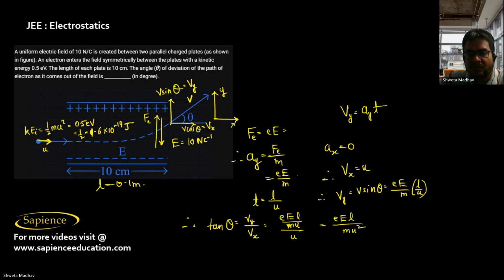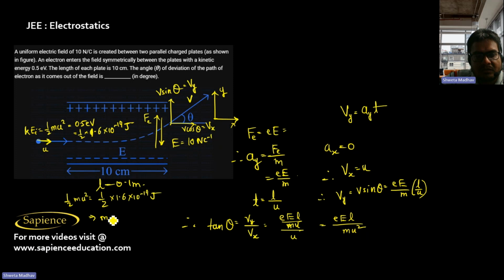Now half mu square is equal to half into 1.6 into 10 power minus 19 joule. So therefore mu square will be 1.6 into 10 power minus 19 joule.